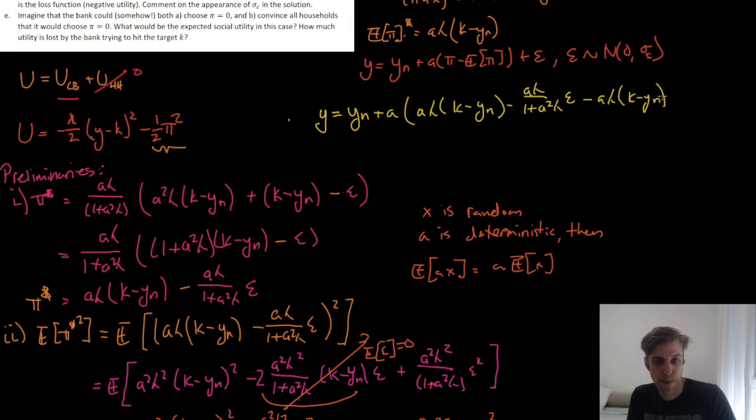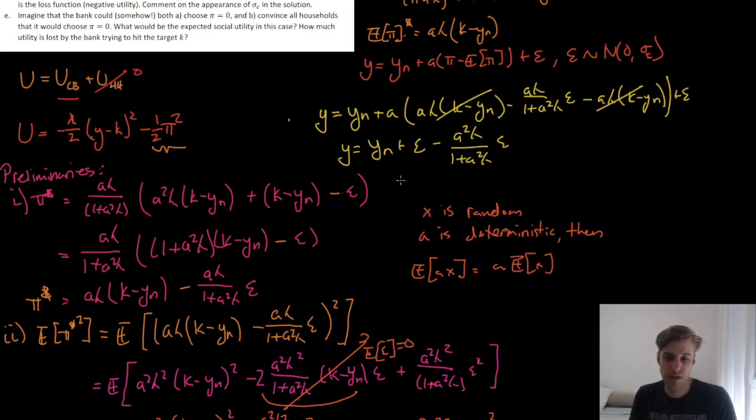K minus yn. And then, so we're still looking at y, so all of this is the term lambda minus pi lambda, and then we need to add epsilon. Yep. So you can see this cancels with this, so we're left with y equals yn plus epsilon minus a squared lambda over 1 plus a squared lambda epsilon. And we have an epsilon and an epsilon, so we can factor.